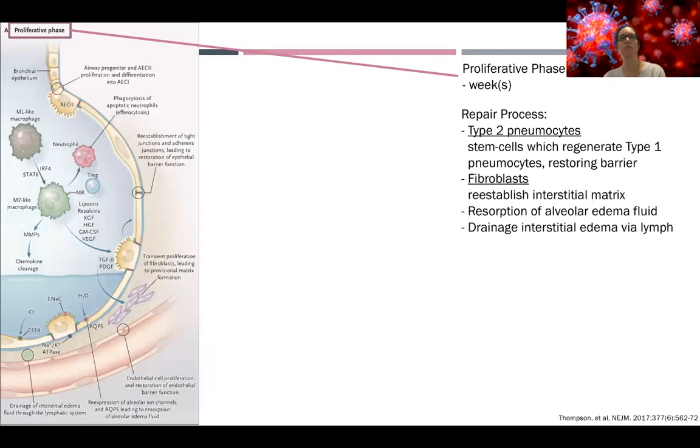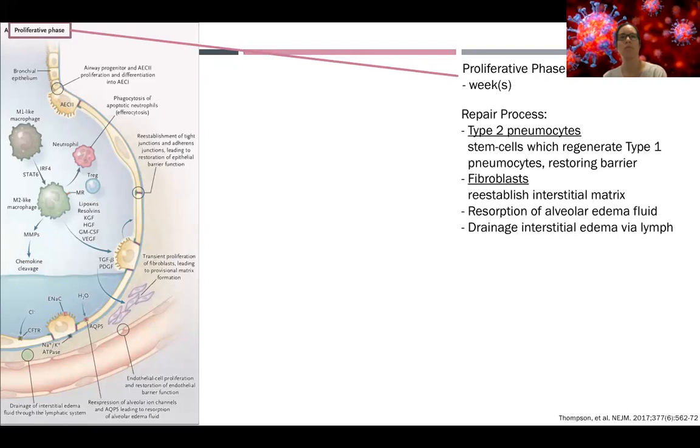So ARDS is also a disease of phases. The first phase that I presented to you was the exudative phase. And this is a proliferative phase, which we hope happens on the order of week to weeks after the onset of ARDS, which is a reparative process. In this phase, type 2 pneumocytes, pictured over here, serve as stem cells, which regenerate themselves and also the type 1 pneumocytes.